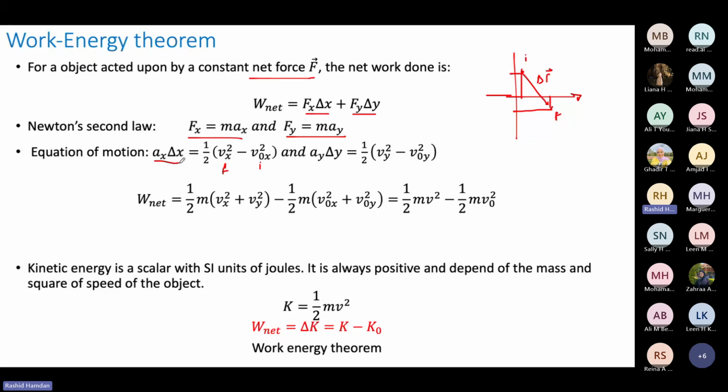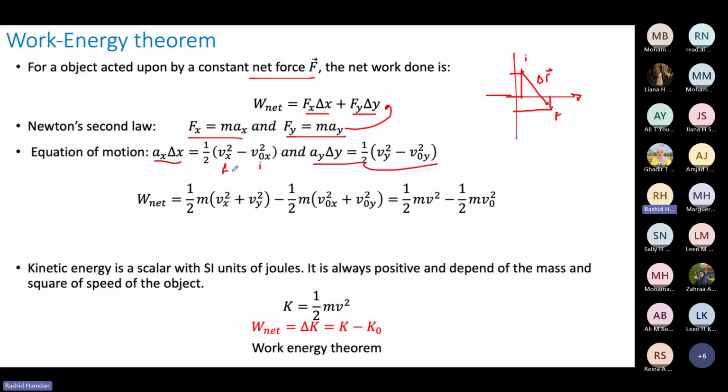I can write the same for the y component. Now I bring all these together. The first thing I do is replace F here by ma, and then we have max delta x. I replace it with half m (vx squared minus v0x squared), and I rearrange it.